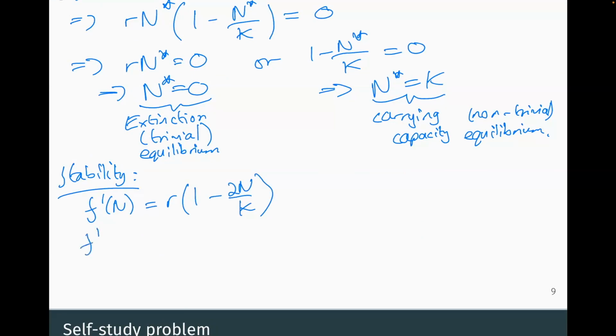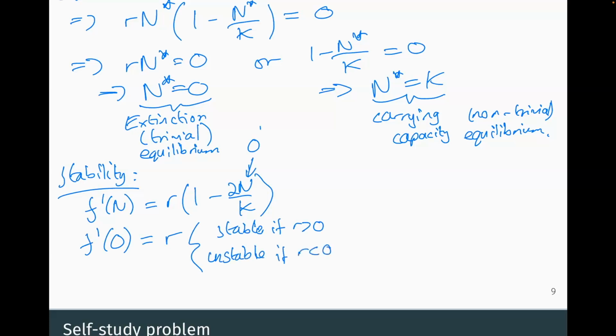And then we think about what happens at each of our equilibria. So when n is equal to 0, we just substitute this in. The bit in the brackets is going to go to 1, this bit will go to 0. So this is going to be equal to r. So this is stable if r is positive, and unstable if r is negative.